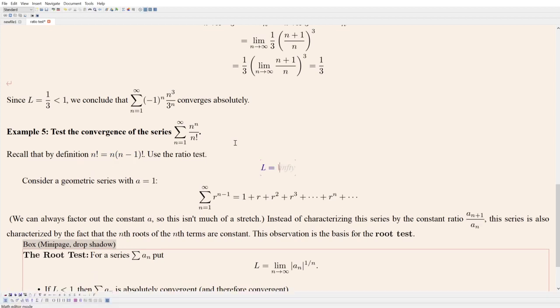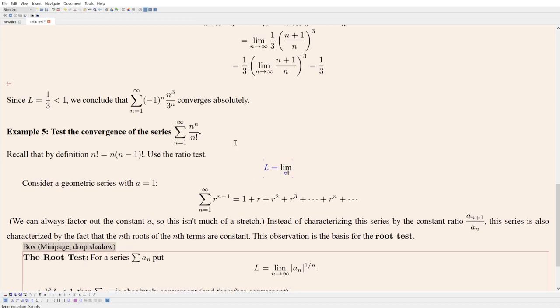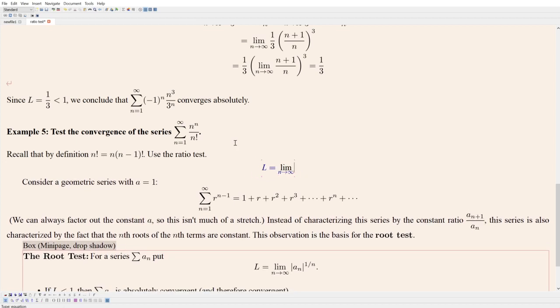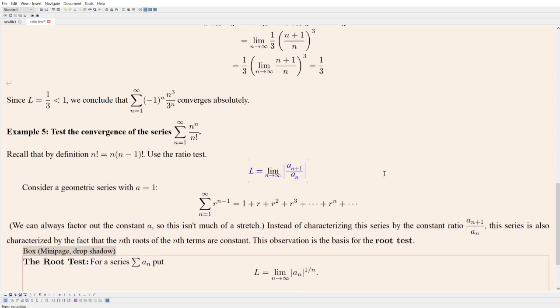So, in the ratio test, we have to compute this limit. So the (n plus 1)th term over the nth term. And it is important that it's n plus 1 over n.